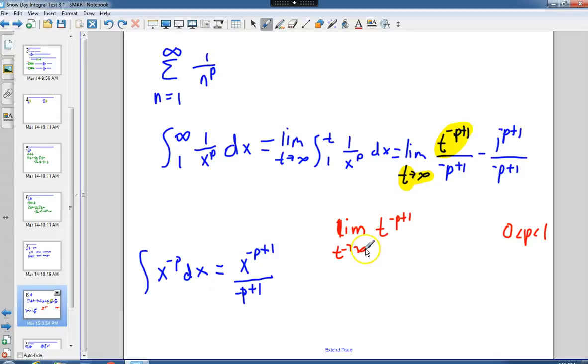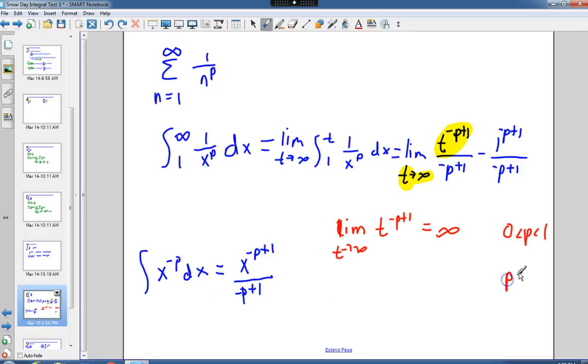If we put infinity in for t, infinity to a positive number leaves us with a positive result. This means that the improper integral will diverge, and thus our p-series will diverge. So that's for p-values less than 1.